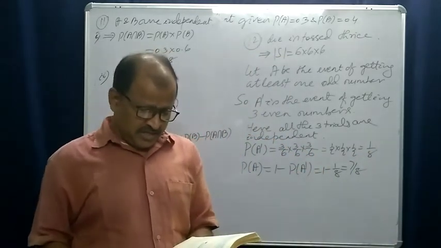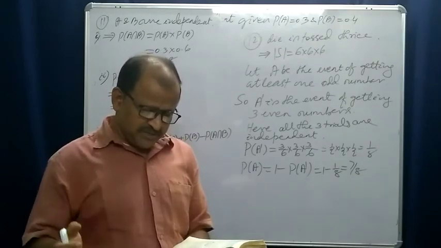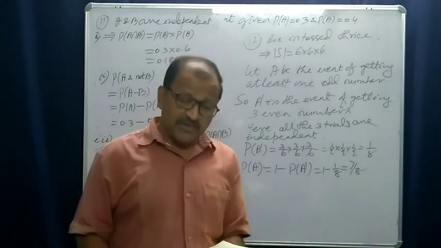Understand? Then 13. 2 balls are drawn at random with replacement from a box containing 10 black and 8 red.